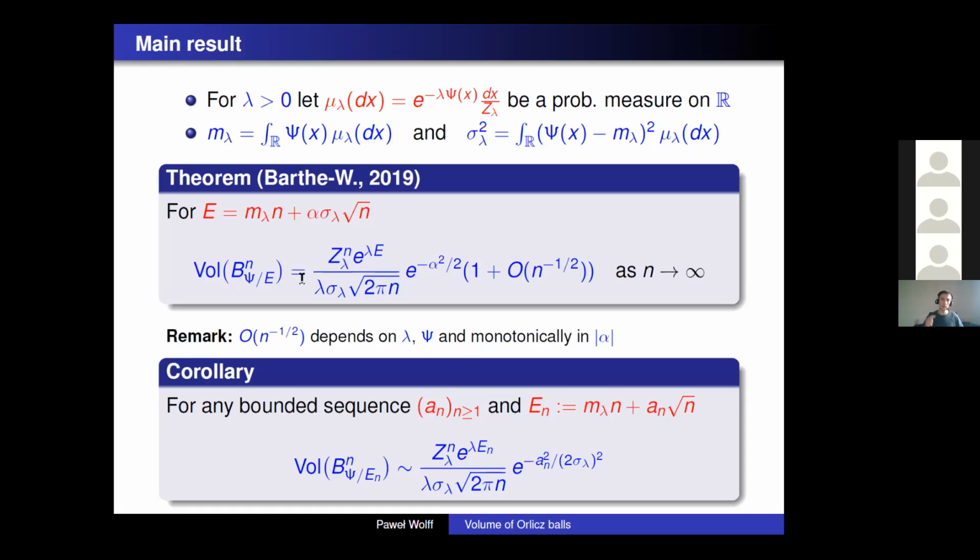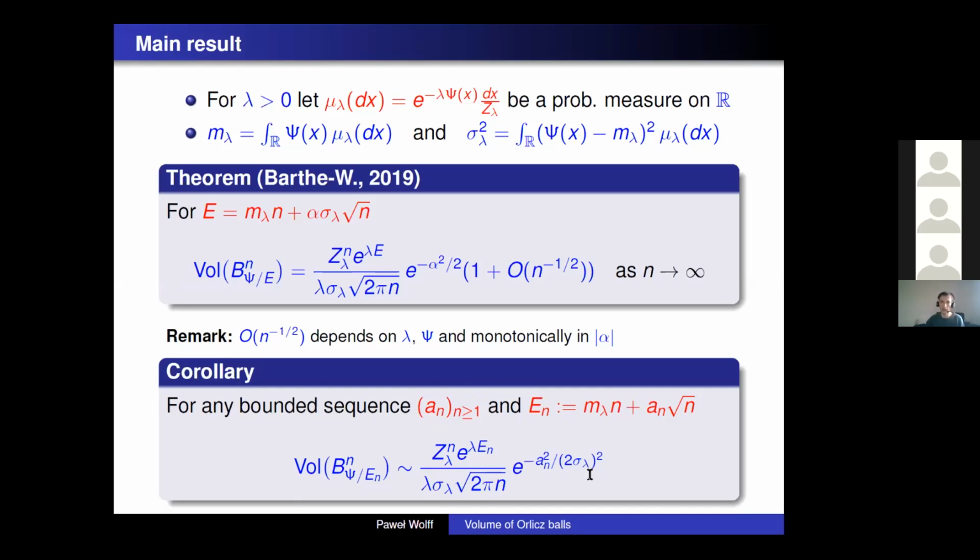Okay, so to make it a little bit more concrete, you can reformulate this result or draw a conclusion which is the following. Let the Young function psi and the parameter lambda be fixed, and now we can say that for any bounded sequence of numbers a_n, we can take these levels and approximate the volume with a similar kind of formula.